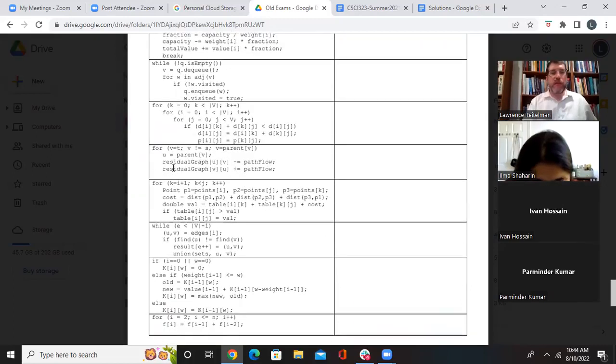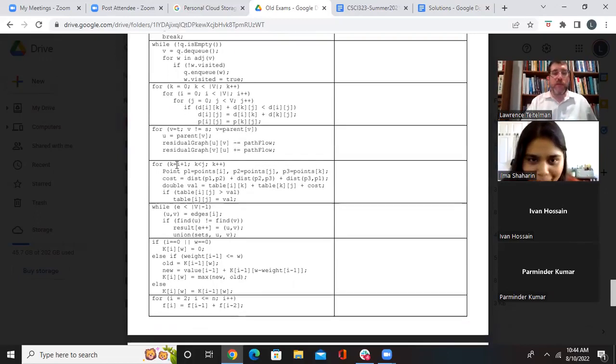All right, what about this one here? We didn't spend a lot of time on that one, but we did do it, and it's pretty easy to identify. There's nothing else that looks like it. Maximum flow? That is the Ford-Fulkerson method for maximum flow, right? Okay, this one here.